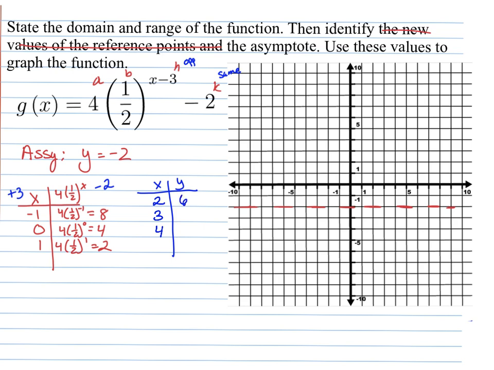And 4 minus 2 is 2. And 2 minus 2 is 0. So those are our new points with the vertical and horizontal shift. So 2, 6 would be here. 3, 2. And 4, 0.